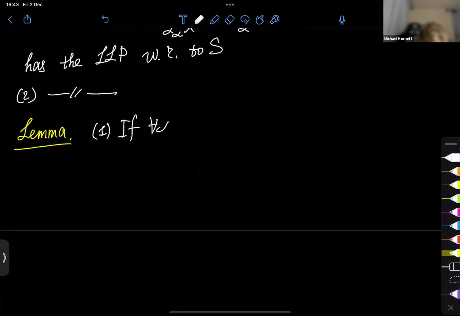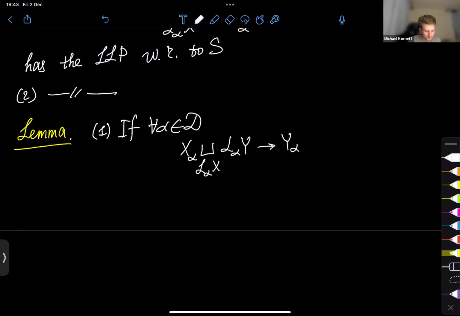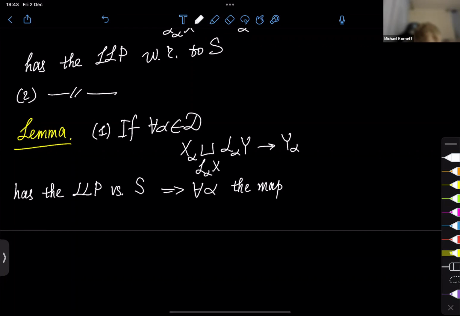If for any alpha the relative latching map has the left lifting property with respect to S, then it implies that for any alpha the map F alpha has the left lifting property with respect to every element of S also.